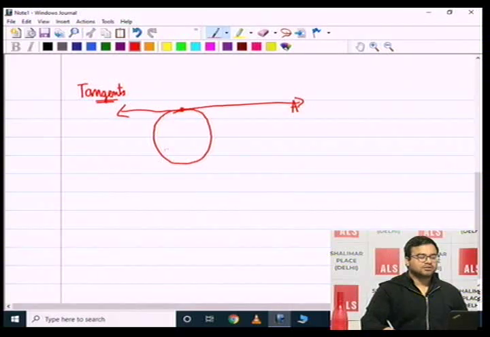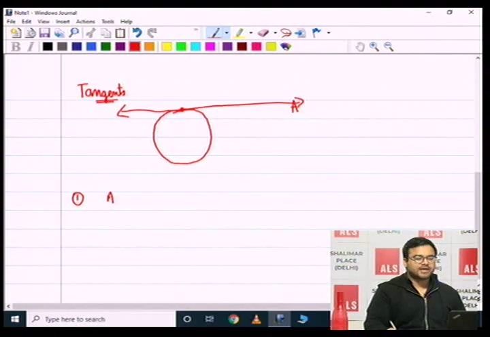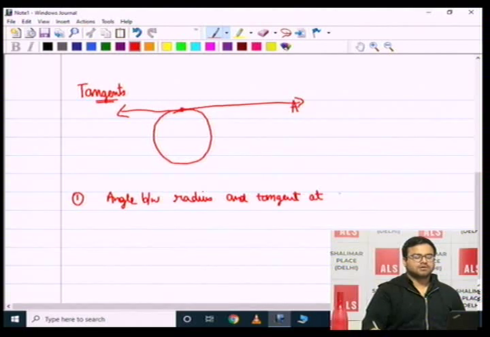So there are two important properties which we have to learn here. The first one is that the angle between the radius and the tangent at the point of contact is 90 degrees.